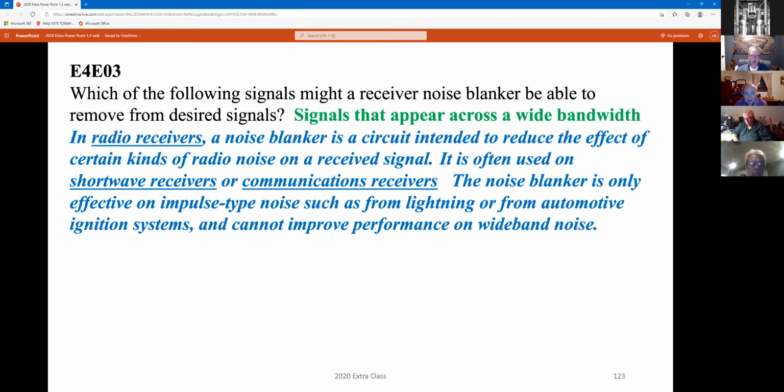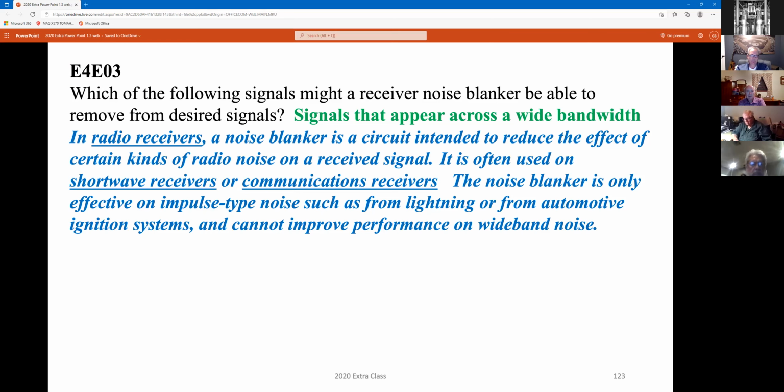Signals that appear across a wide bandwidth would then not be considered wideband noise. Yeah, that is a little confusing.